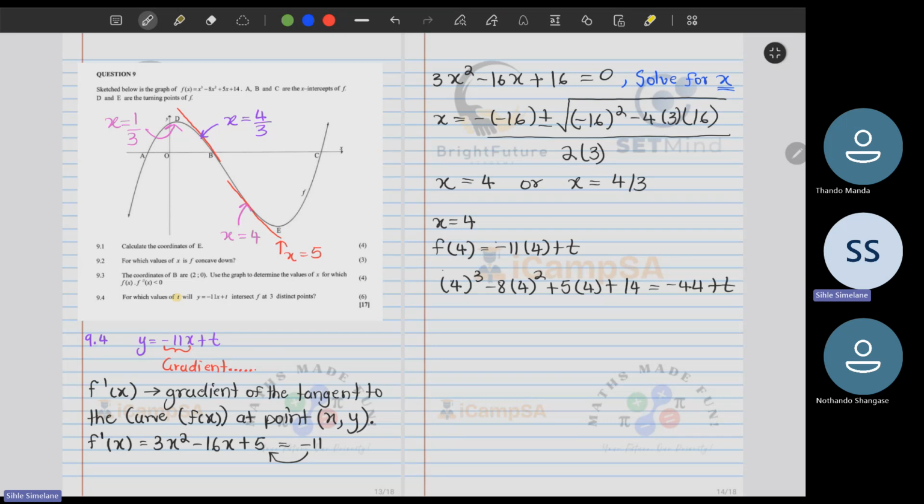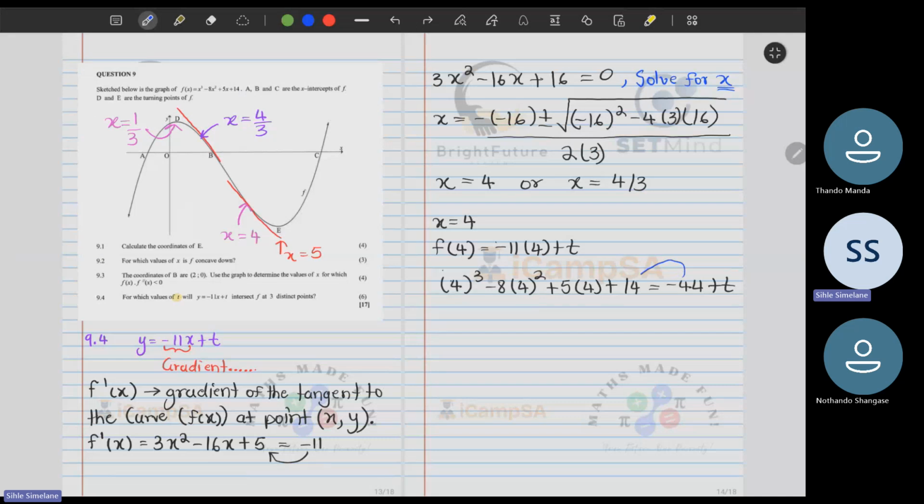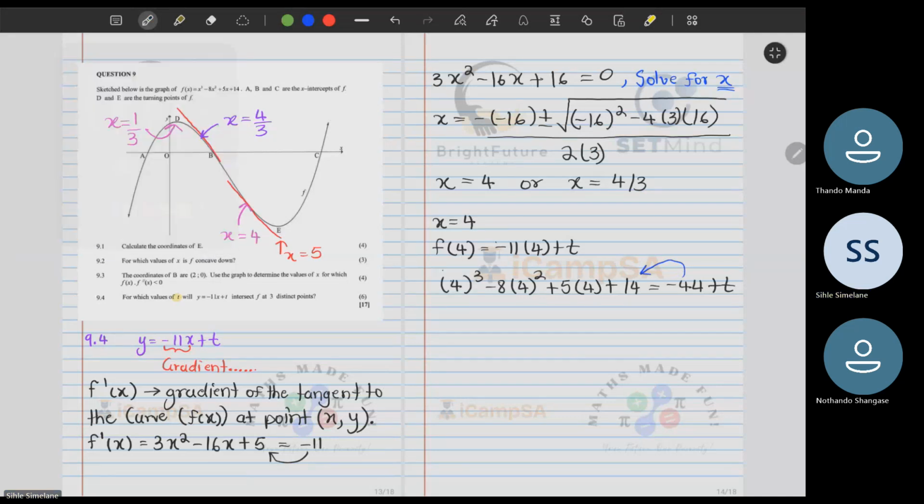So the left-hand side, if you do your maths and you transpose, what do we get when we do this left-hand side, guys? And then we also transpose the 44. So do the left-hand side, and let's see what you find. What is the y value?